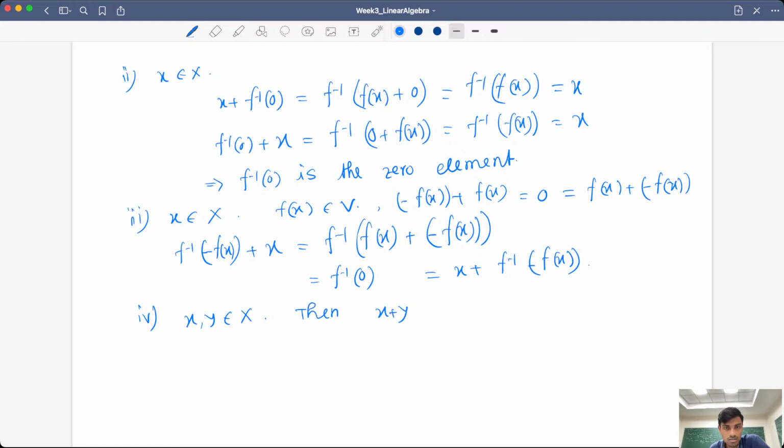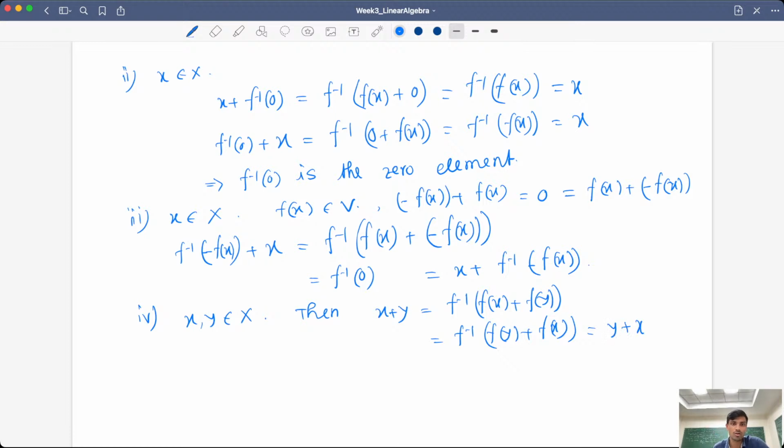And next is the commutativity, because the same thing, x, y belongs to X, then x plus y is by definition f inverse of fx plus fy, and this plus is commutative on V, so I can again write it as fy plus fx, and this is again by the definition of plus on X, y plus x.